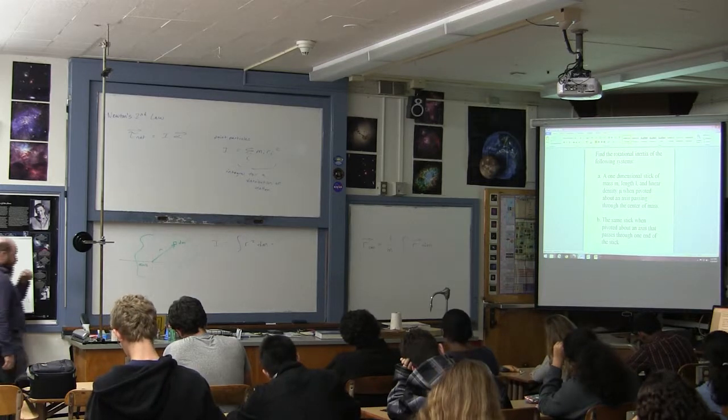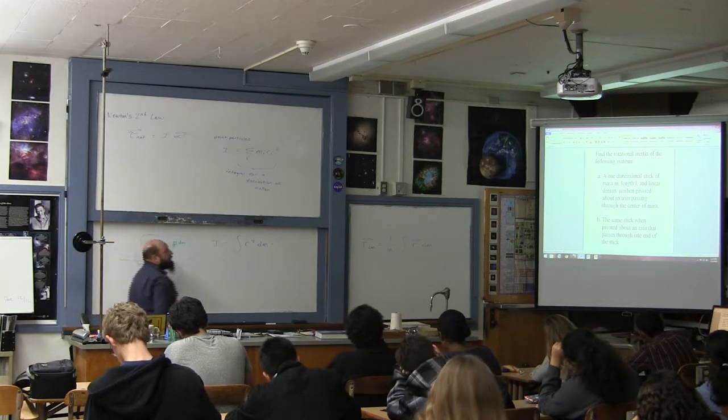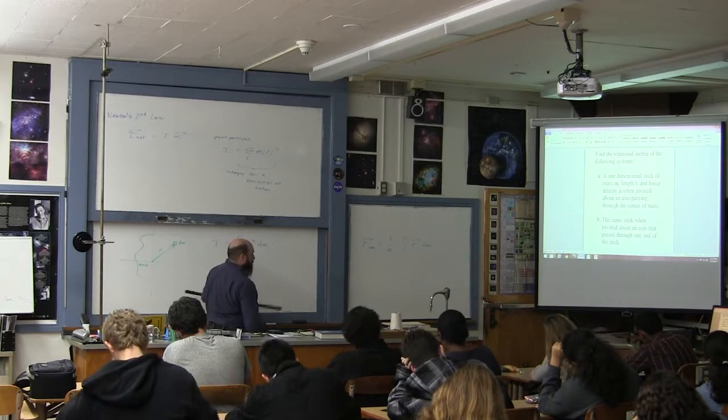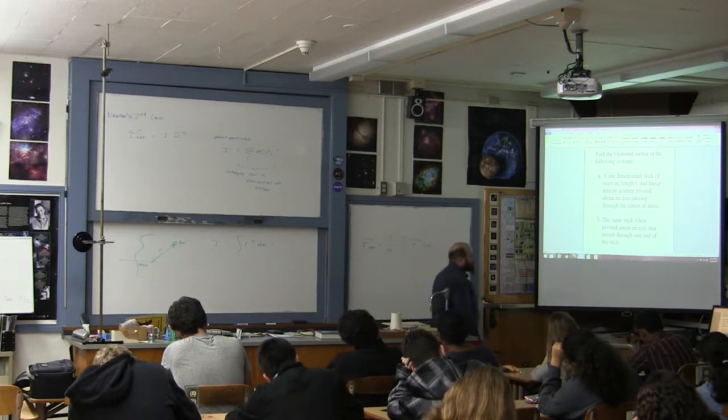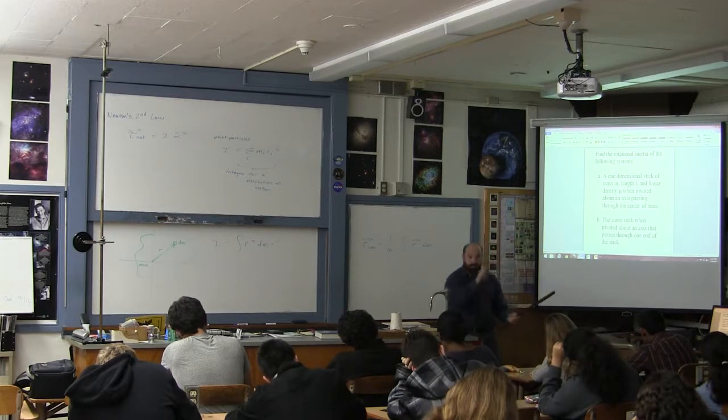So find the rotational inertia, find the value of I here for the following systems. Okay, part A and B here, there's a little bit more to it as well. But parts A and B are going to deal with the same object.